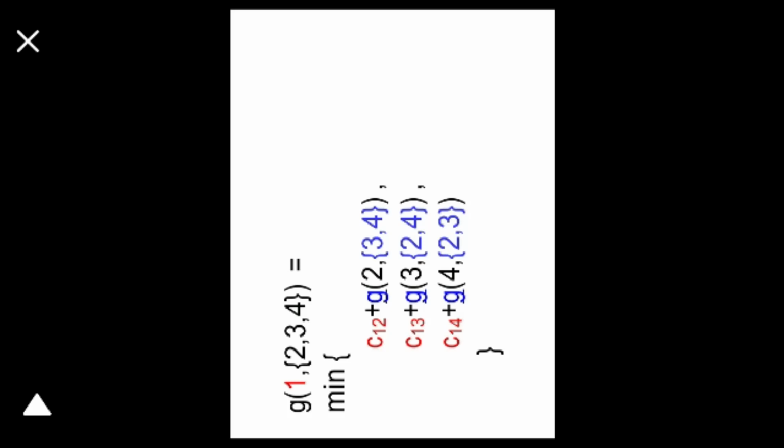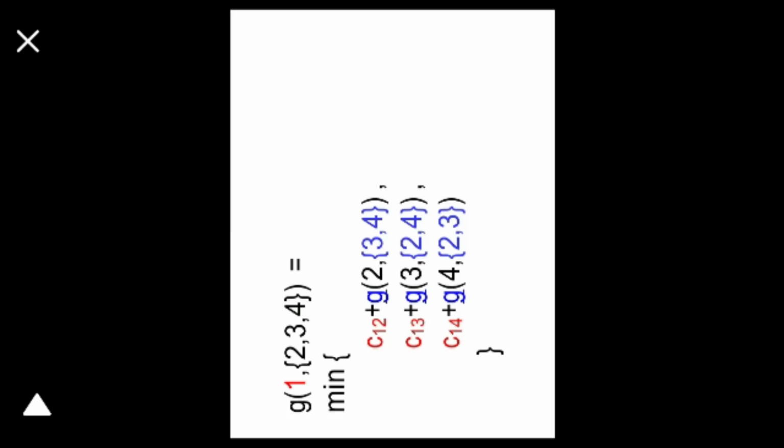Now while writing G of 1 comma {2, 3, 4}, here we have used two different types of braces: flower braces and parentheses. As we know, flower braces indicate a set. A set is a collection of unordered objects.